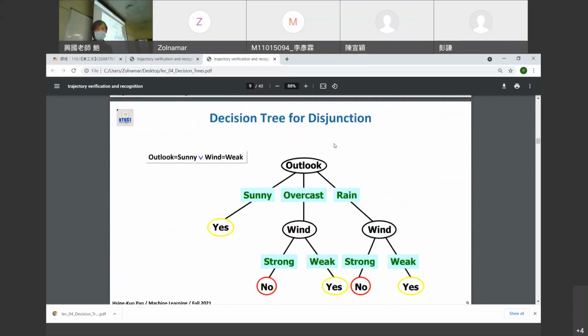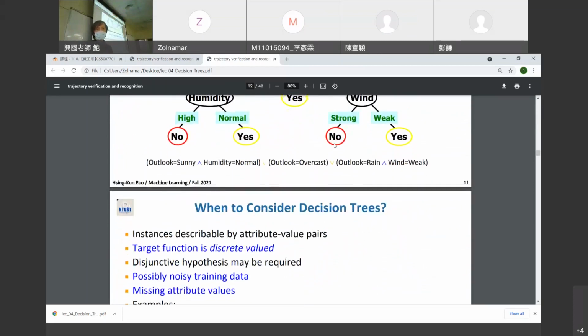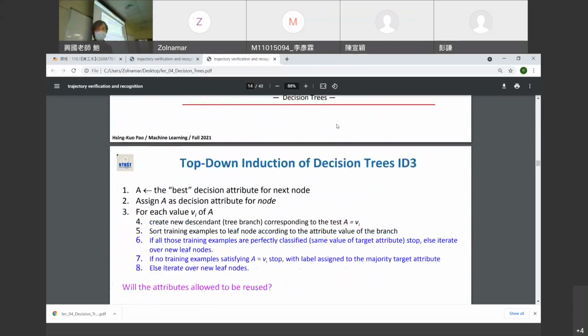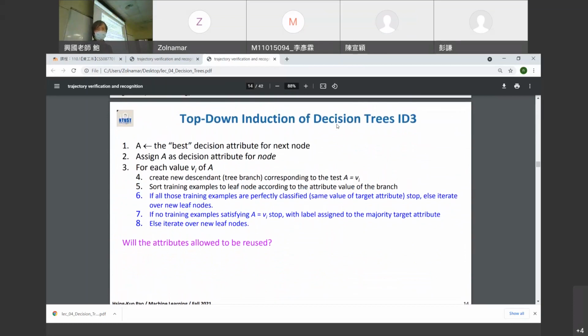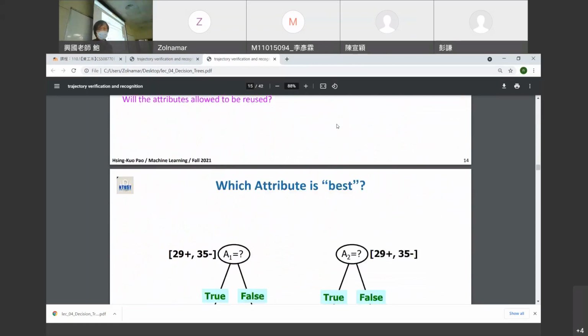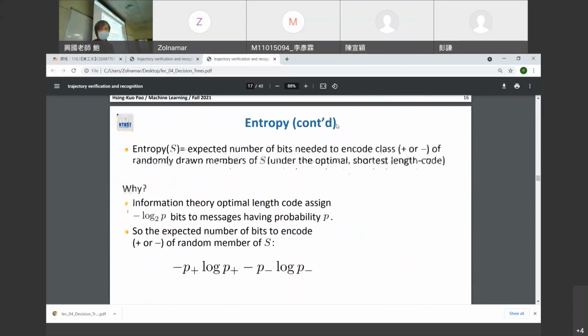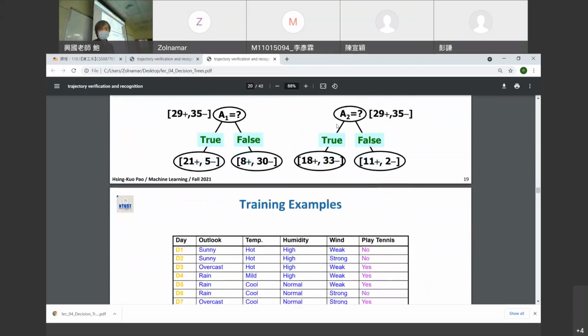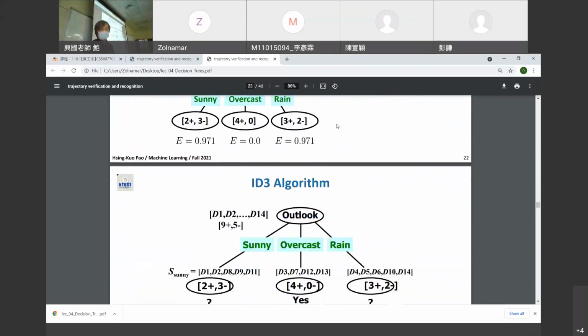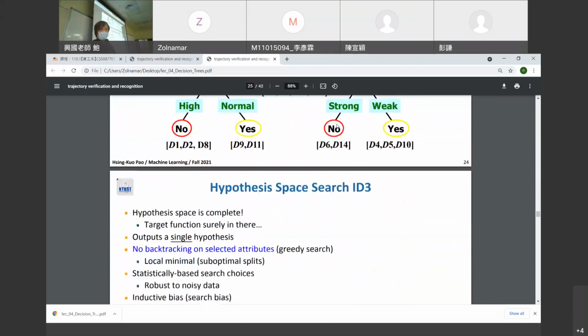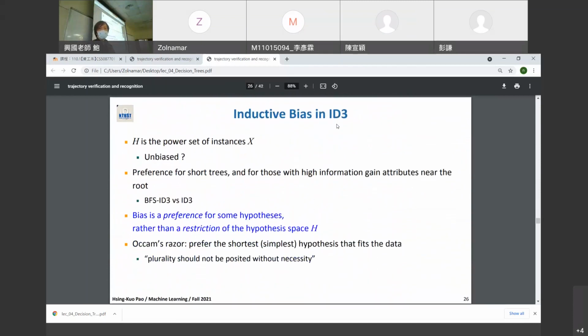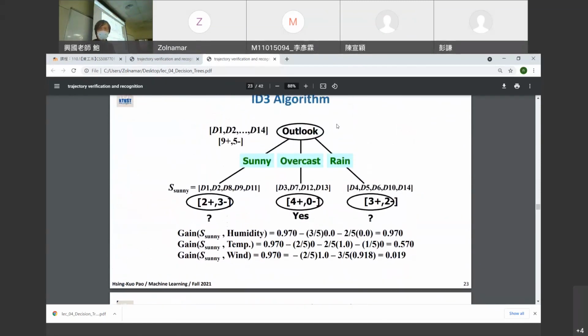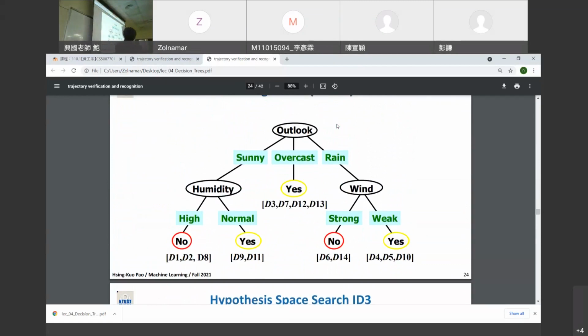There will be more than just one algorithm, but here we talk about the ID3 algorithm. With ID3 we always start from the root and want to find the most salient attribute. So we do it step by step.